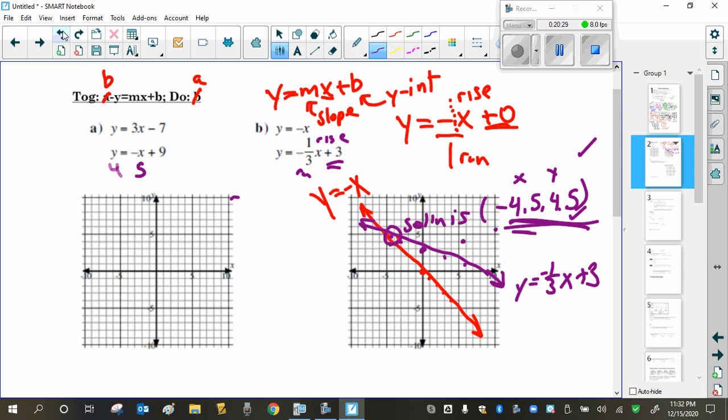But you know you're close, so you should be able to figure out what it is. But again, on the test, I'll have graph paper and rulers for you. Okay, so go ahead and pause this, and when you're done graphing both lines and tell me where they intersect, you can unpause it. Good luck.